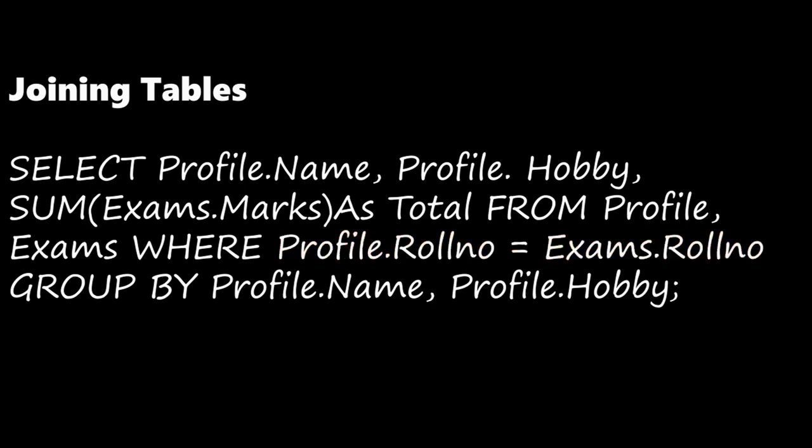Where this and this are equal, we are going to group by profile name, profile hobby. Here we have given two tables, so from these two tables, where the roll number of the profile and roll number of the exam are equal, we are grouping by profile name, profile hobby.